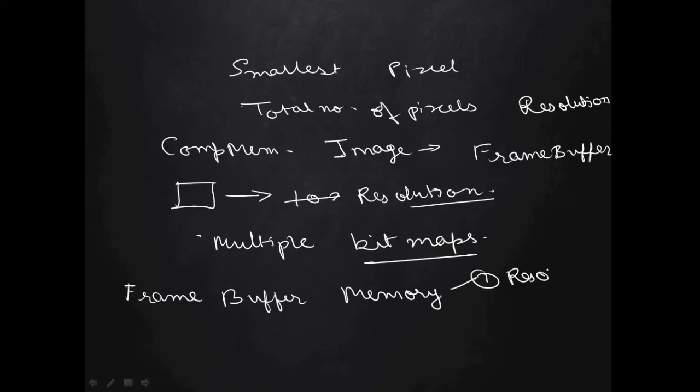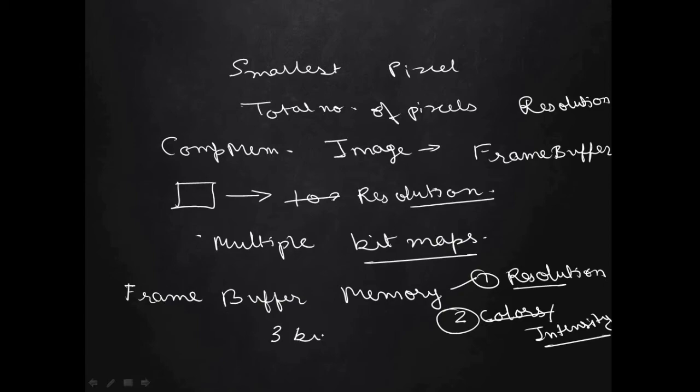Number one is the resolution, and number two is how many colors or intensity levels we are going to display. Understand? So it directly depends on the resolution and how many colors or intensity levels we are going to display on the screen. We have considered the example where I have taken 3 bits per pixel, or you can say 3 bit maps.